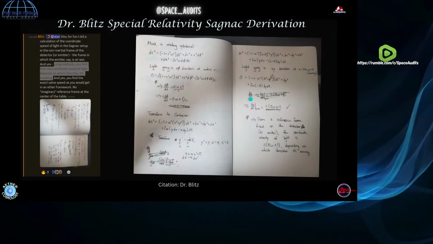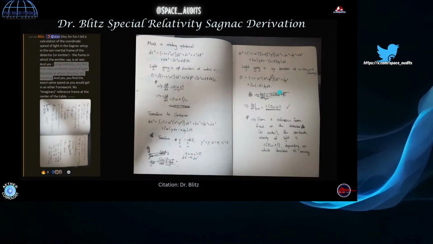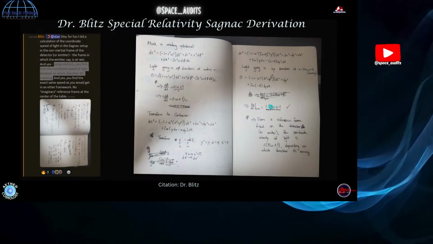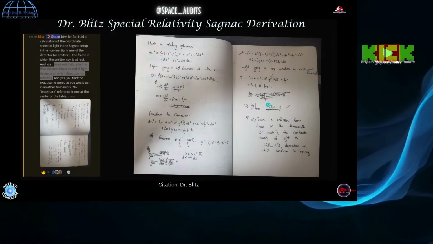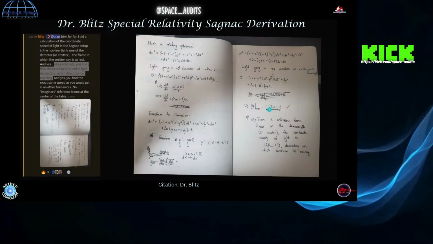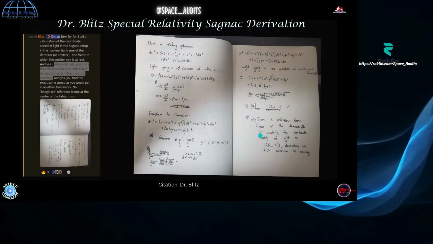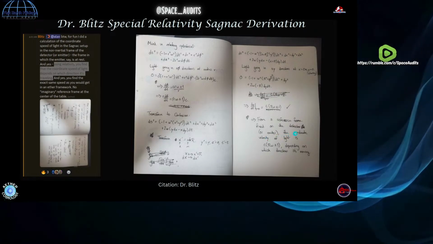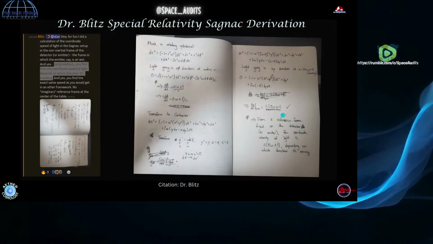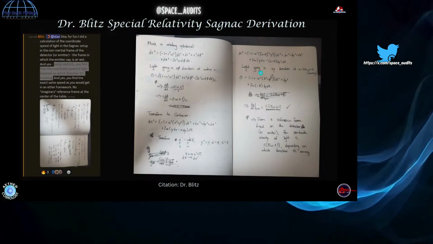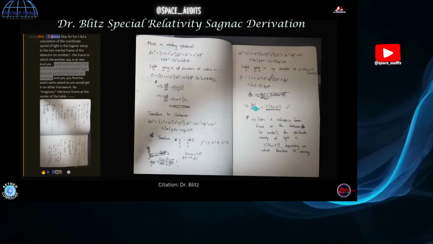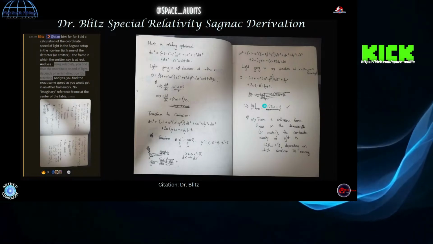And as we can see, there's no Lorentz transformation here. This is a way to describe the classical derivation for C plus or minus V. This explanation does nothing to offer a relativistic explanation or derivation for the Sagnac effect. It's impossible to derive the Sagnac effect under relativity.